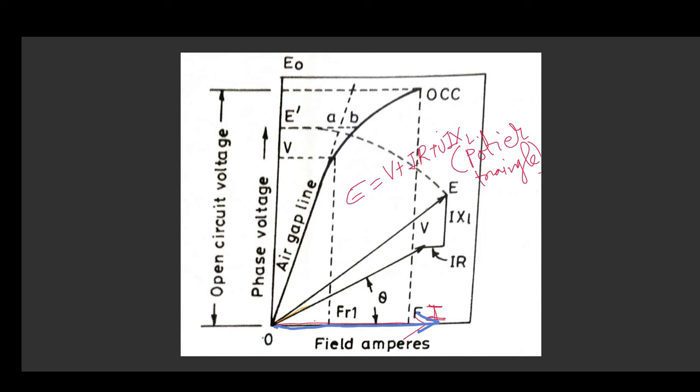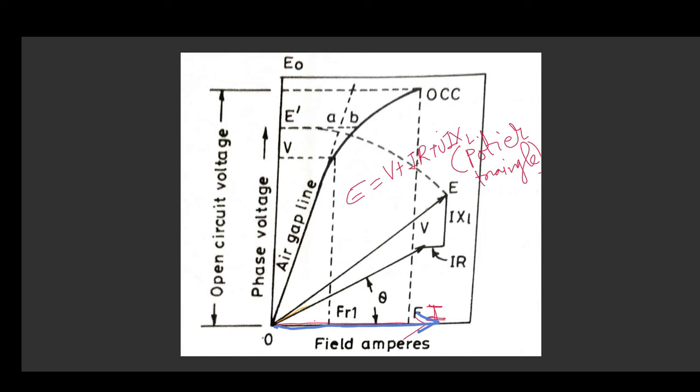Now don't get confused that field ampere has a phase. Field ampere has no phase because it's a DC thing. But if we consider the RMS value, then field ampere and armature current, both of them can be plotted on a single scale. There is no harm.